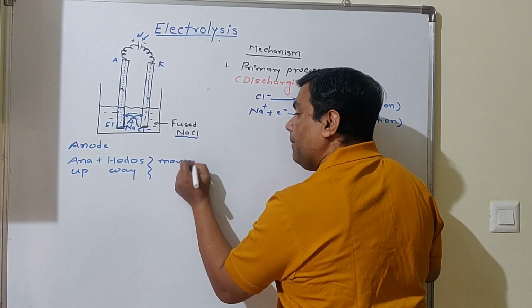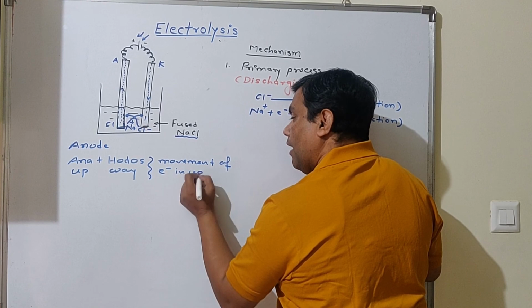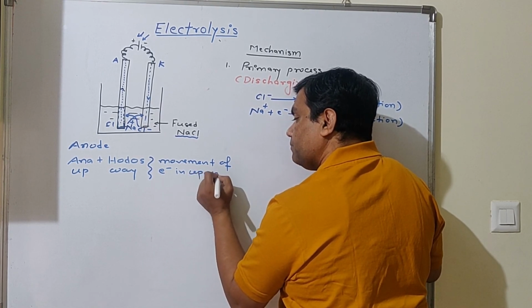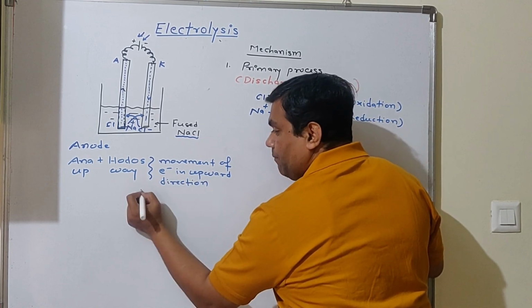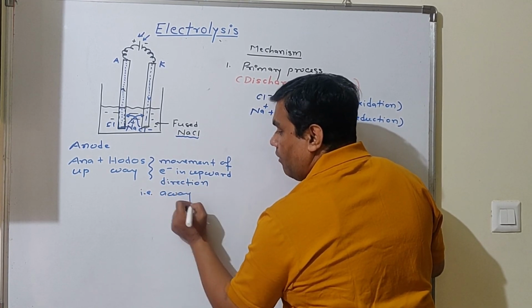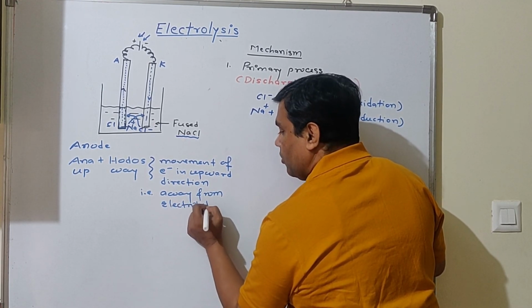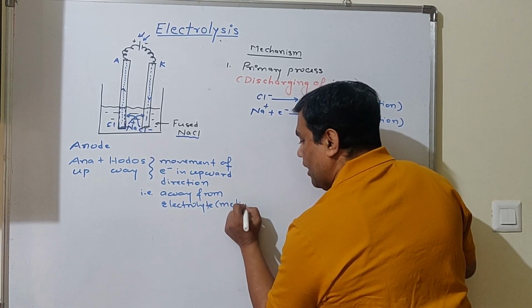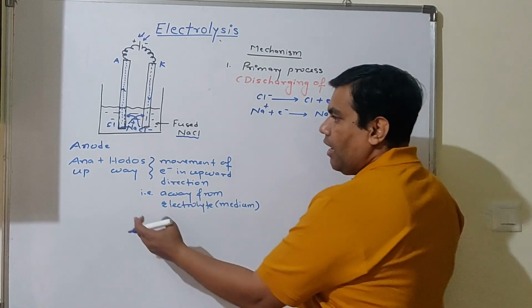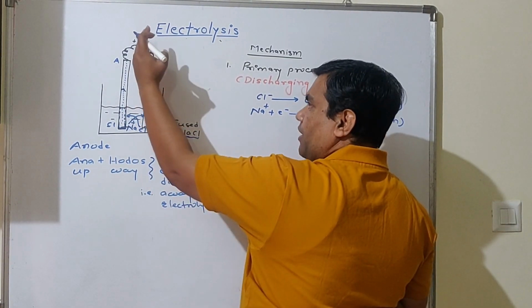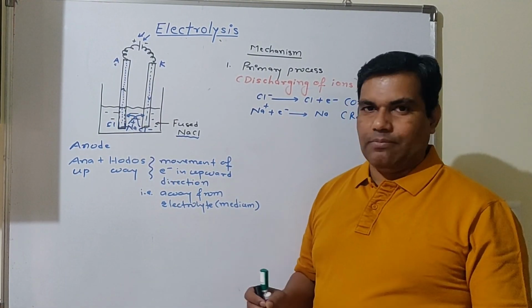Movement of electron in upward direction, that means away from the electrolyte or medium. So the electrode on which the movement of the electron is away from the electrolyte, ana hodos, upward movement of the electron, needs to be an anode. However, the simple thing is that the electrode on which the oxidation takes place needs to be an anode.